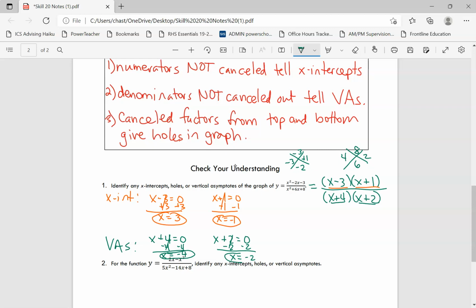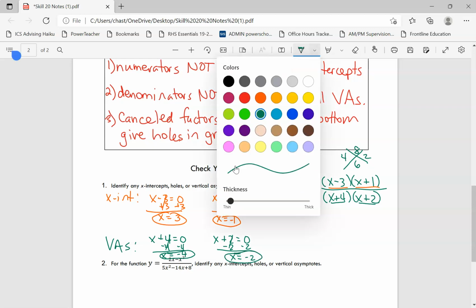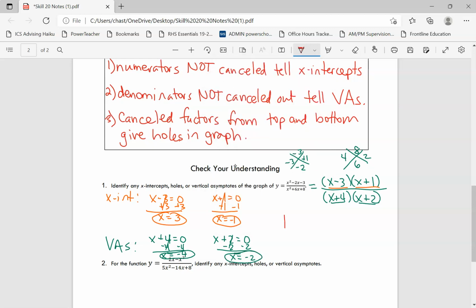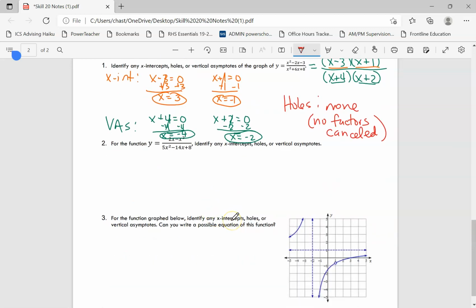So there's going to be two vertical asymptotes here. And now in red, holes. There are none. No factors canceled.